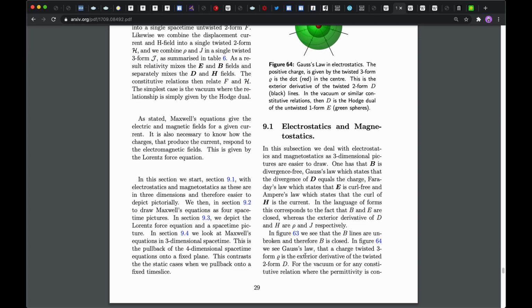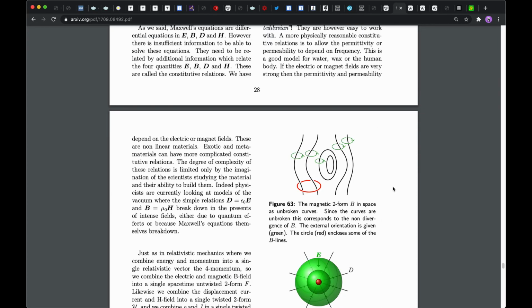Okay, so let's take a look at how to draw those in pictures. In figure 63 we see the magnetic two-form B in 3D space, and the equality of its exterior derivative to 0 means that we have a closed form, and therefore it has no boundaries.